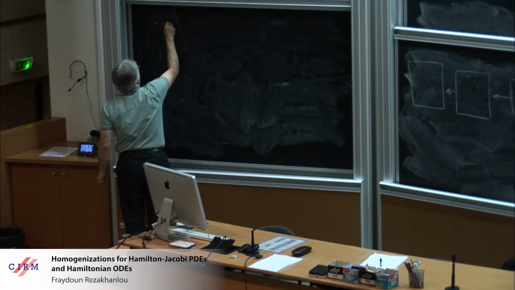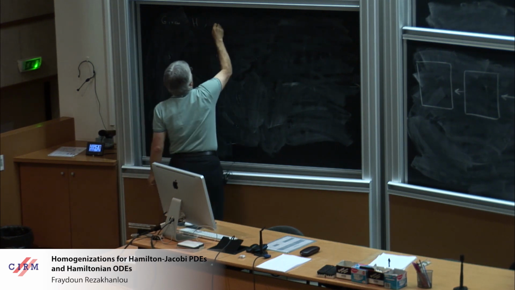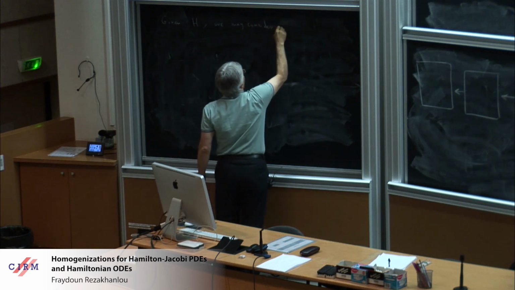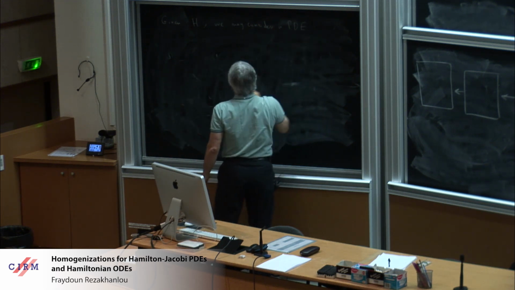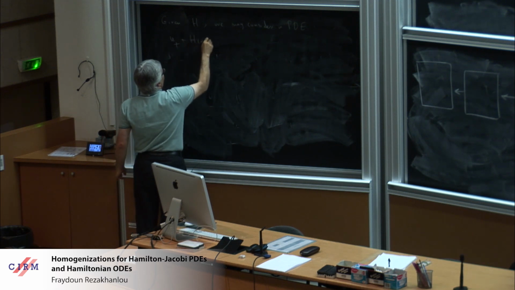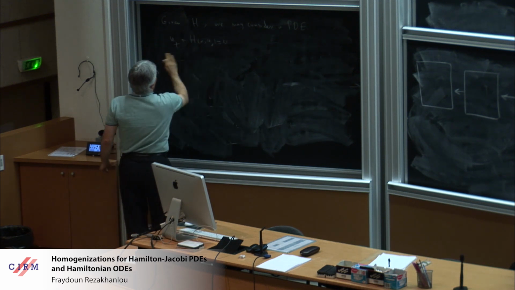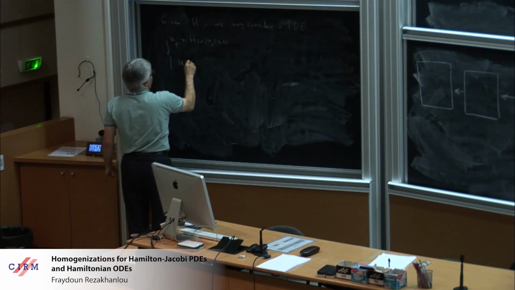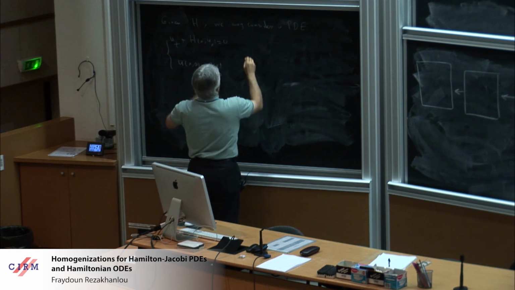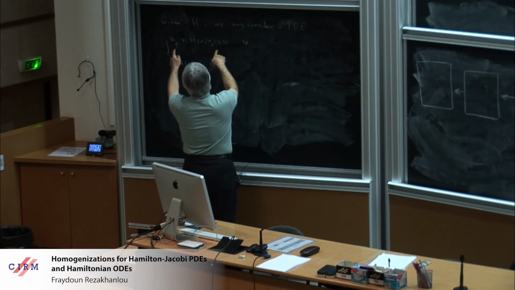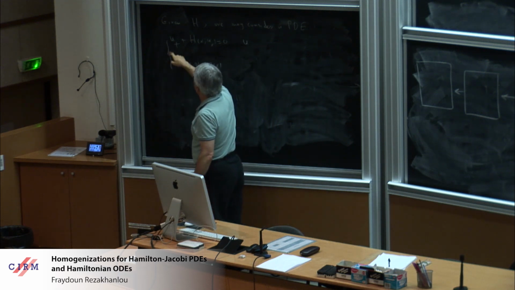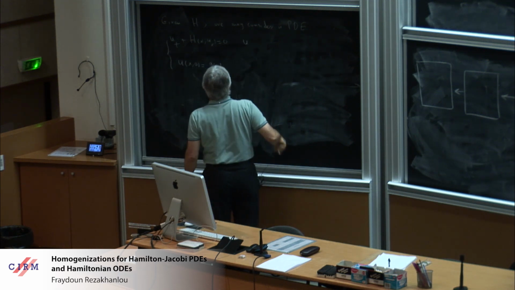Given H, we may consider the PDE u_t plus H(x, u_x) equals 0, and for this, you need some initial condition, where again, the sub-indices denote the partial differentiation. So here you have the time derivative and spatial derivative.